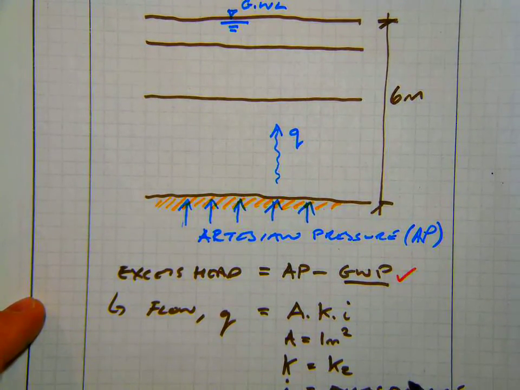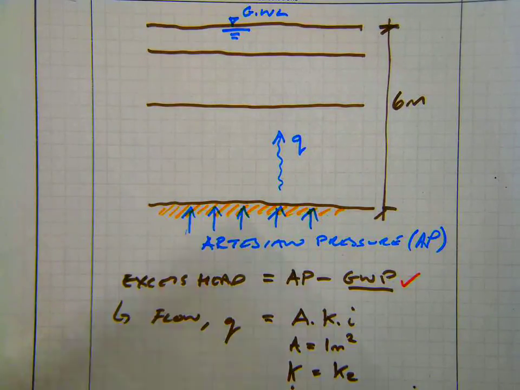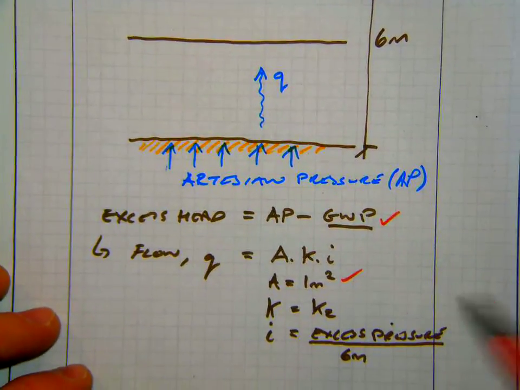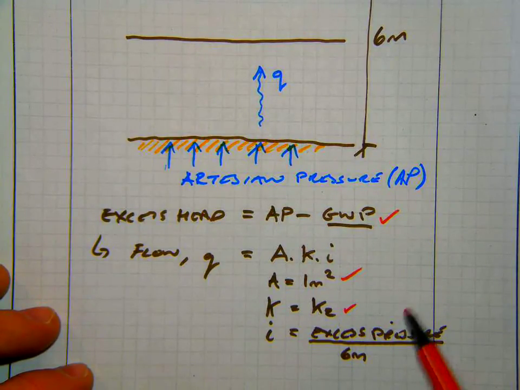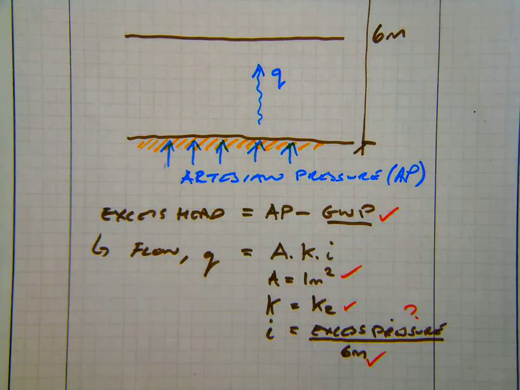Now we don't know what the excess pressure is. We know what the area is, and we know what 6 meters is. So there's quite a few unknowns.